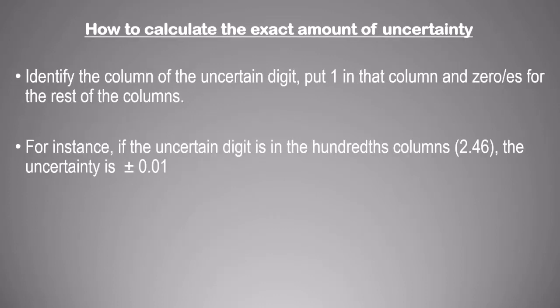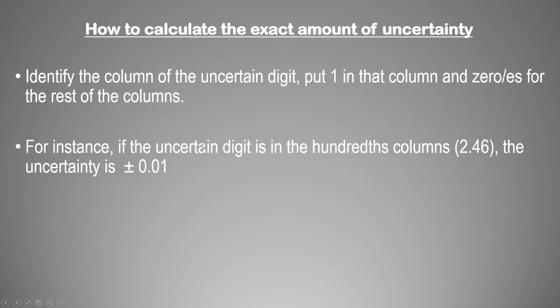Okay. In this slide, we will learn how to calculate the exact amount of uncertainty. To calculate the exact amount of uncertainty, we need to identify the uncertain digit, which is the last digit of the measurement. And then we put 1 in that column and zeros for the rest of the columns.